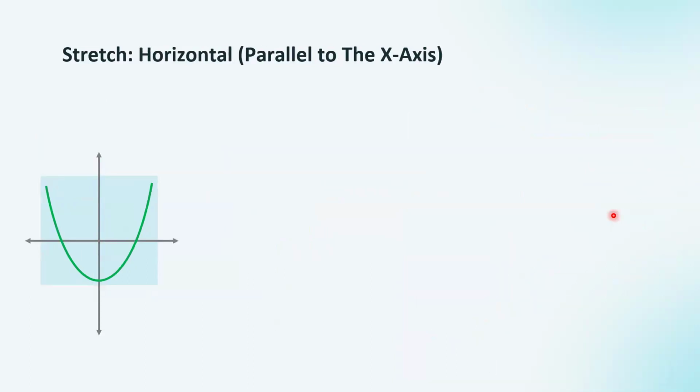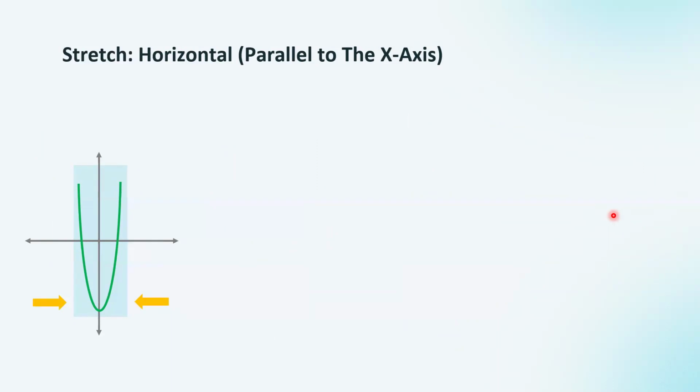Right, let's go to the horizontal stretch. Let's try to imagine again what the horizontal stretch will be, or parallel to the x-axis. Yeah, that's the formal language. If we try to stretch it horizontally, it's going to be from here to here. But in this case, I will try to use compression as our first definition of horizontal stretch, yeah?